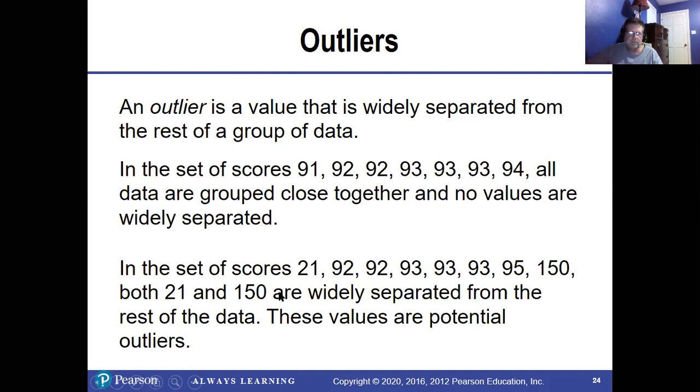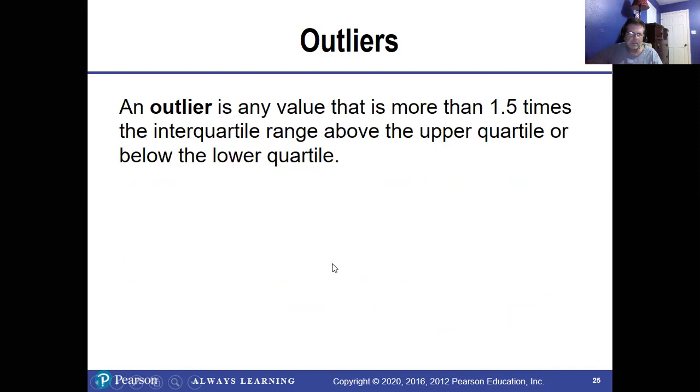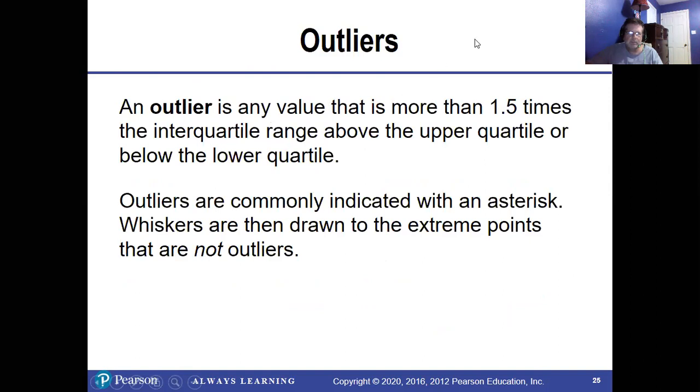both 21 and 150 are farther than the rest of the other information, which makes them what's known as, notice it says, a potential outlier. But by definition, an outlier is any value that is more than 1.5 times the interquartile range. Now remember, the interquartile range was Q3 minus Q1, right?